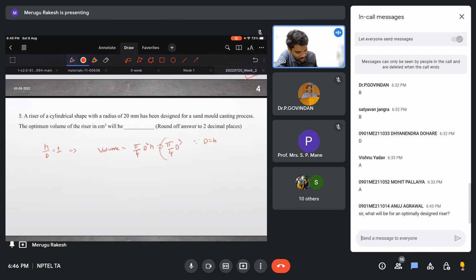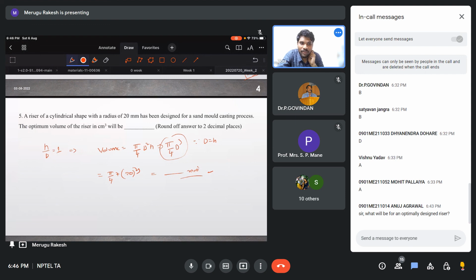So this is the formula. They will simply do pi by 4 into 20 cube, get some value in mm cube, give the answer directly, and proceed to the next question.